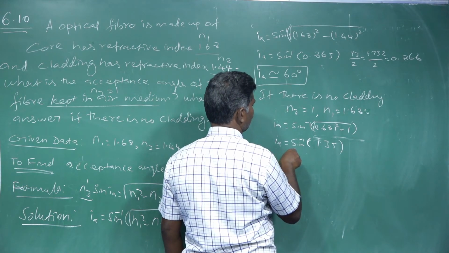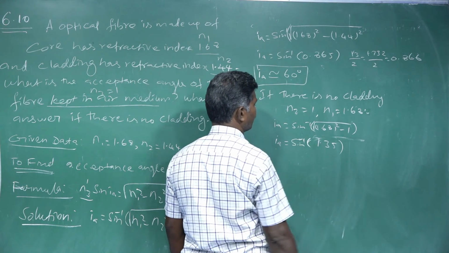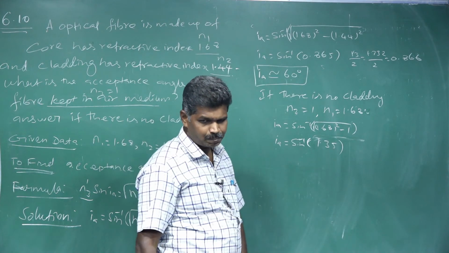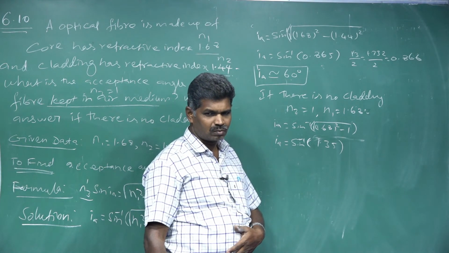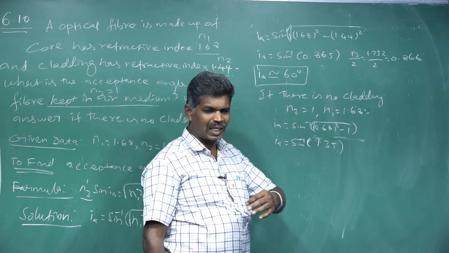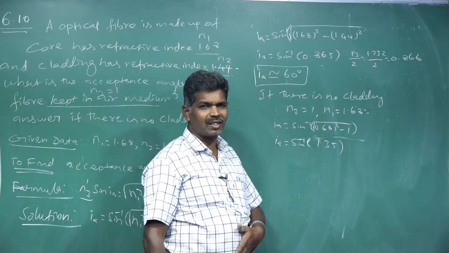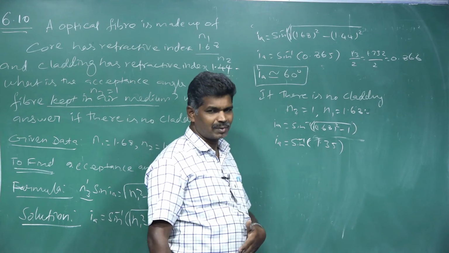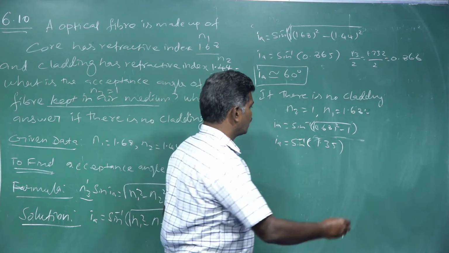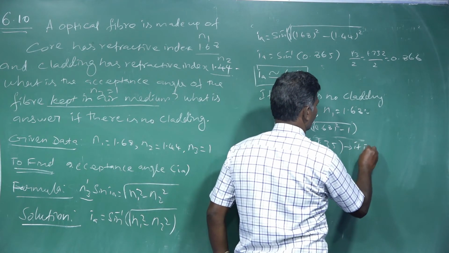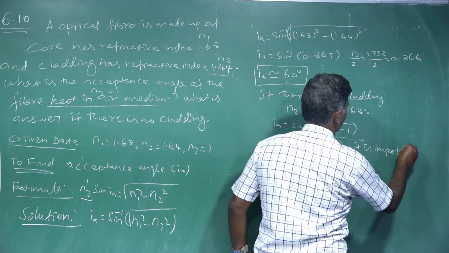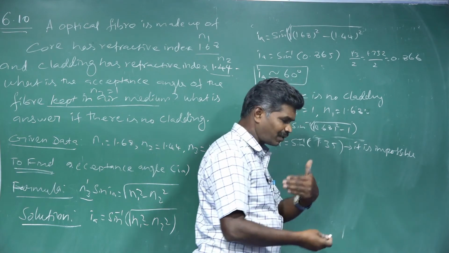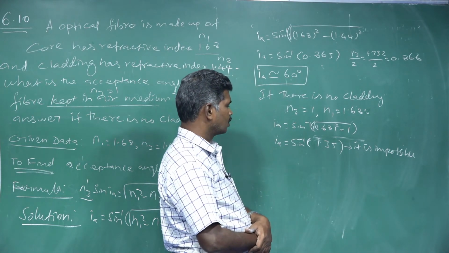So IA is equal to sin inverse of 1.35. It is an impossible condition. The maximum value of sin is 1 alone; if you substitute 0 to 90 degrees, at 90 degrees the sin value is maximum, which is 1. So it is impossible to transmit a signal from one end to another end.